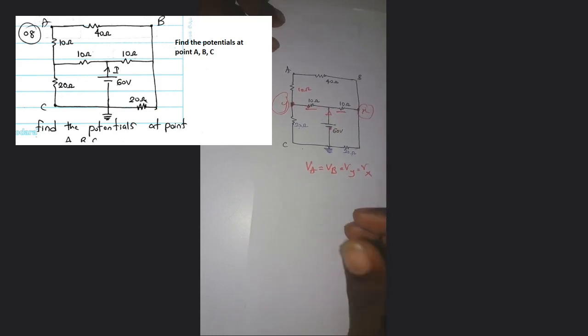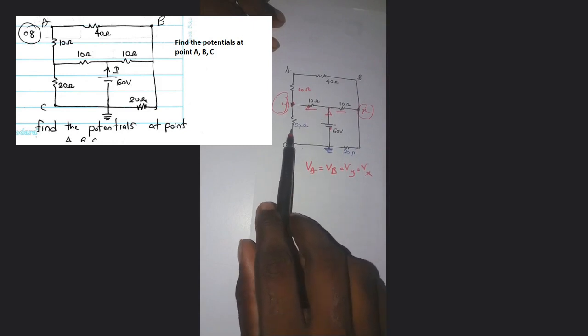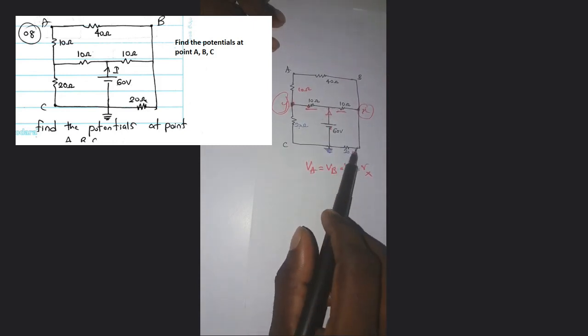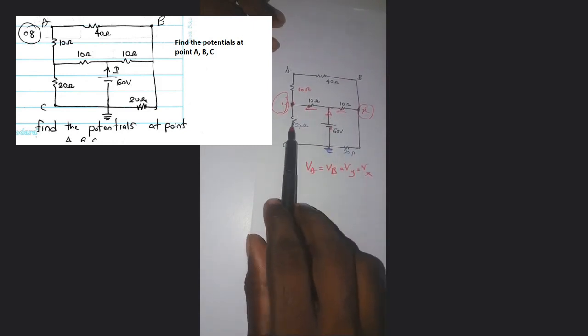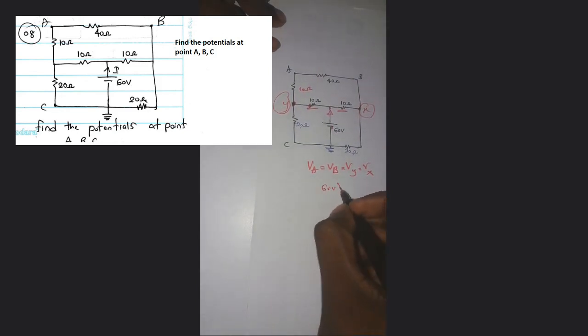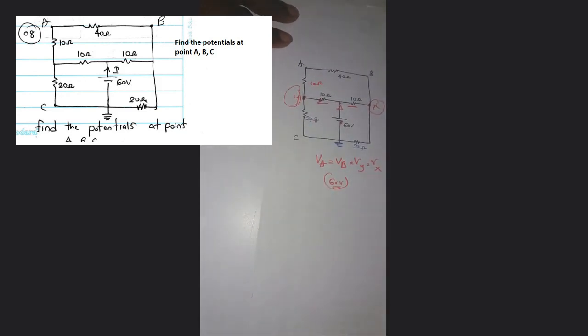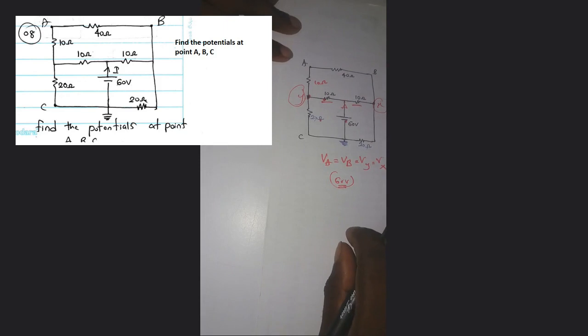So here now we can see the current will flow from 10 ohms to 20 ohms, 10 ohms to 20 ohms. So these two are in series. So in series, 60 volts is shared between 10 ohms and 20 ohms. So I'm going to apply the ratio method. Resistance ratio is equal to potential ratio.